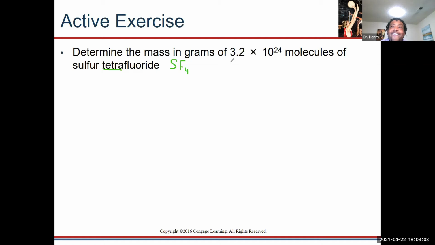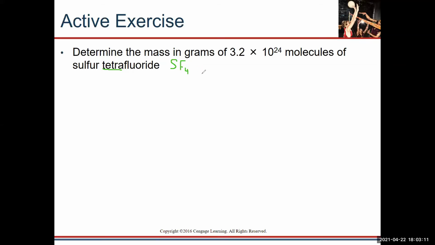Okay, so now what do we do? We know that's the right chemical formula. So then what are we going to do next? Figure out how many you have of each: sulfur 1 and fluorine 4.